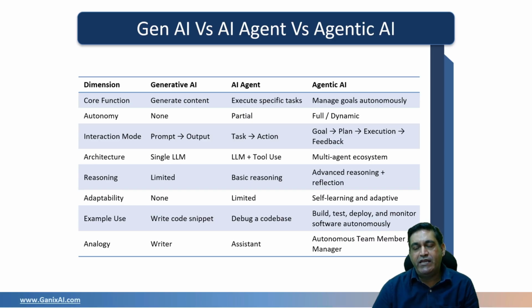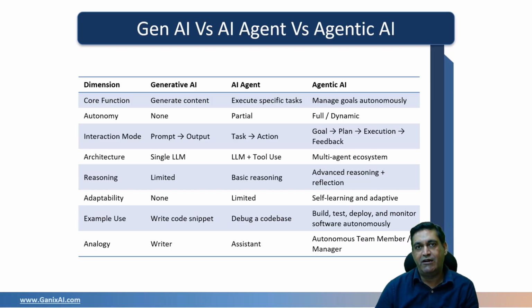debugger. Agentic AI is a further advanced version of AI agents because it manages not a single goal but multiple goals, since it is a combination of multiple agents which work together in a collaborative manner. In terms of autonomy, it is fully dynamic, and the interactive mode is goal-oriented: you define a goal, plan, decompose the plan into multiple activities, execute these activities, or actions, and then learn from the results.